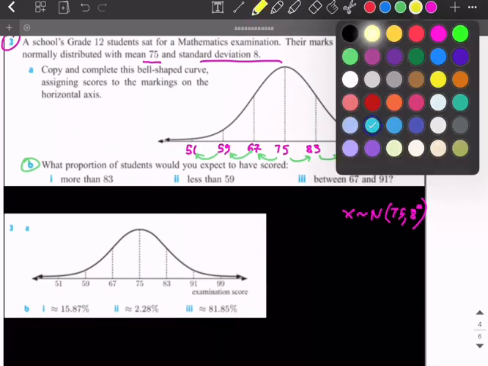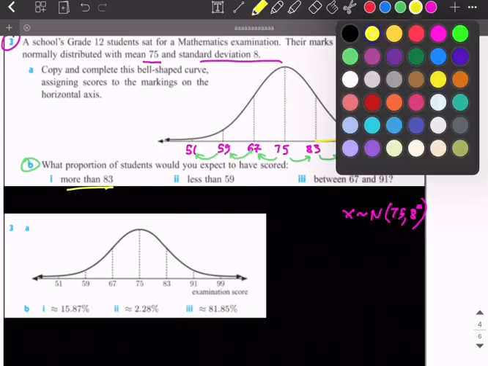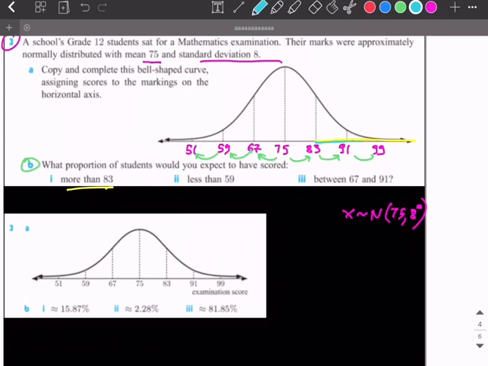Now, for B, what proportion of students would you expect to have scored more than 83? So 83 and above. So the whole thing from 75 and above is 50, minus, I'm going to subtract this portion here.